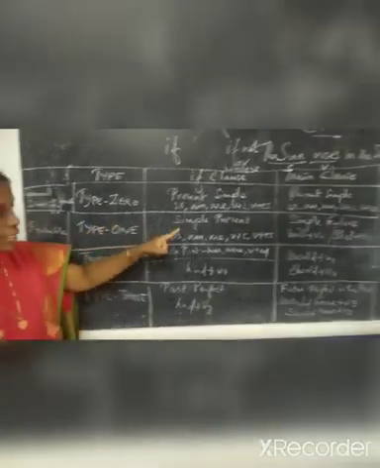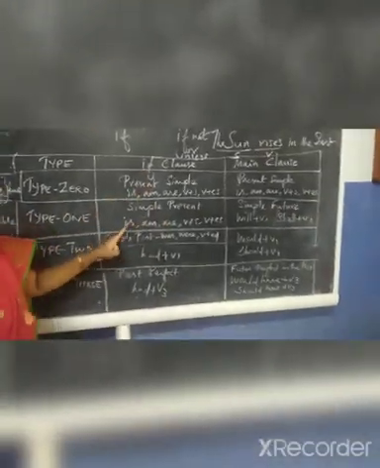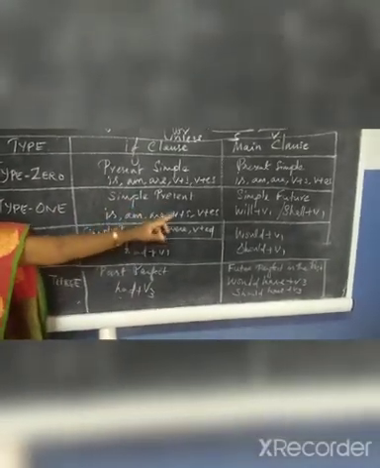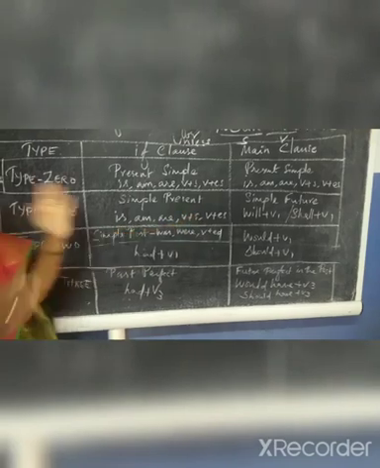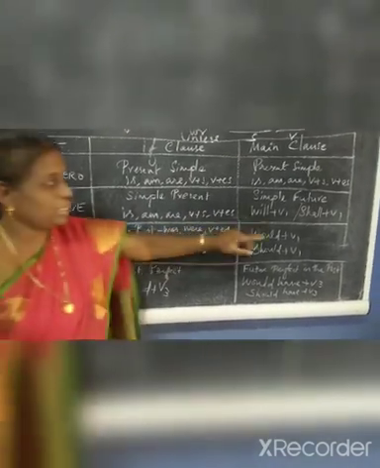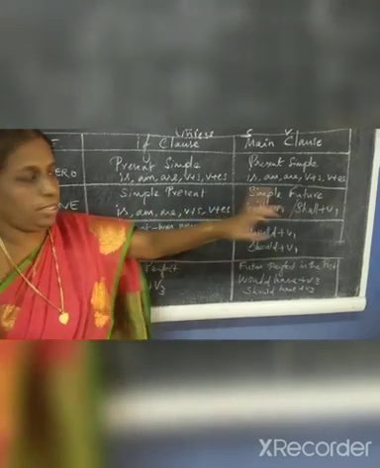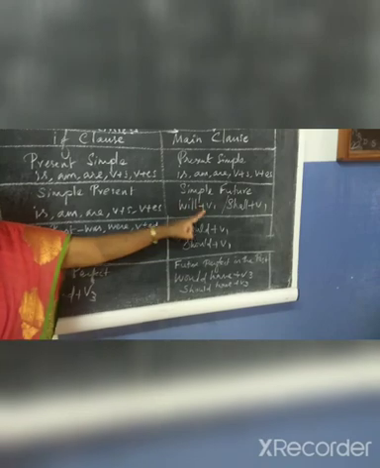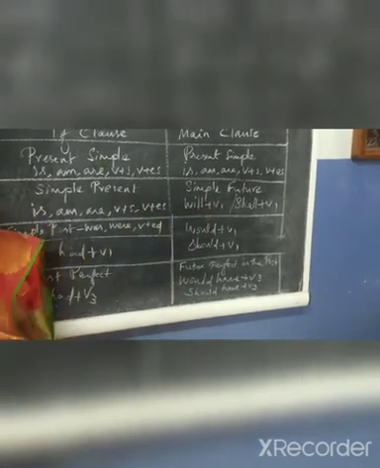So we use the simple present tense in the if clause, with verbs like is, am, are, or base verb plus s or es. If it is simple present in the if clause, the main clause changes. What will be the result? Simple future. Simple future verbs are will plus base verb, shall plus base verb.